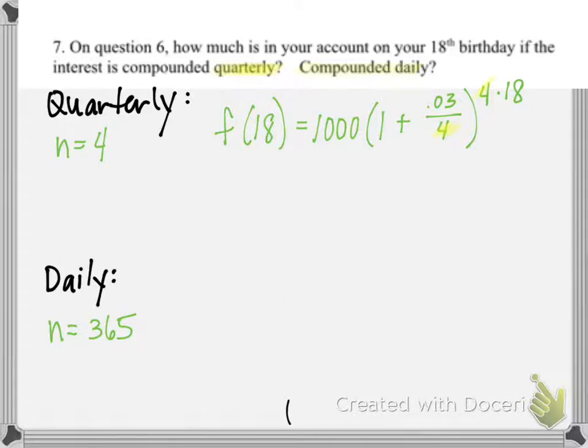So when I plug that into my calculator, 1 plus 0.03 divided by 4, that would give me 1.0075. And then 4 times 18 gives me 72. So I plug in the entire thing to the 72nd power. I get 1,712.55.